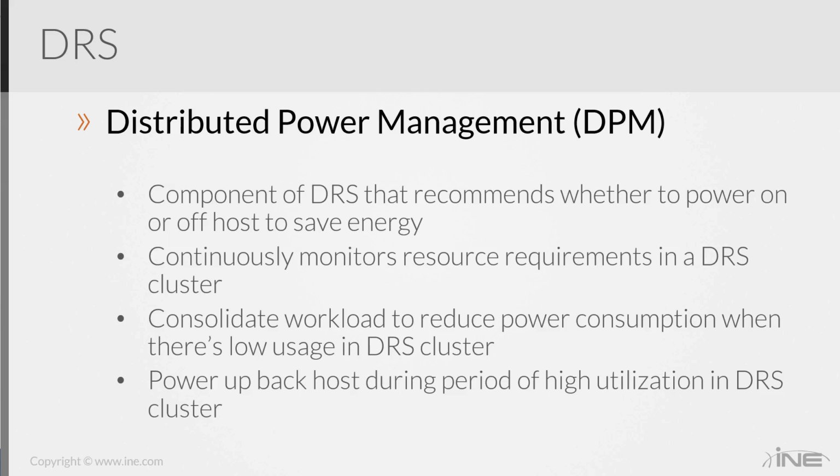DPM would compute the VM workload and place hosts in standby mode if there is a low workload. It would power on the hosts in the cluster to facilitate the workload should it increase. We can also configure DPM to just make recommendations for us and not really implement any of those recommendations.